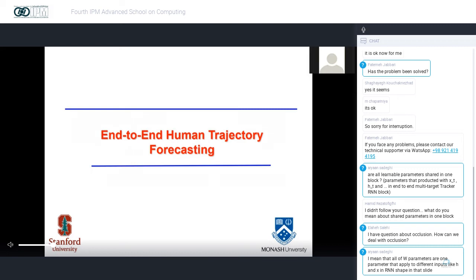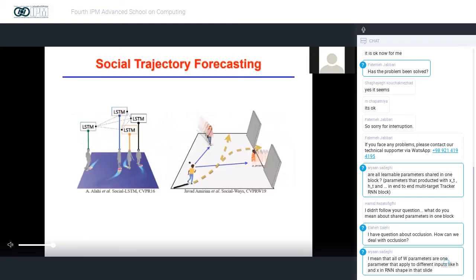At first glance, this problem seems very trivial. We can just use an RNN to encode the past history, and then use an RNN to predict the future. But the problem is not that easy, because the behavior of a moving object or human is influenced by the environment, by obstacles in the environment, and specifically by the other humans in the environment.